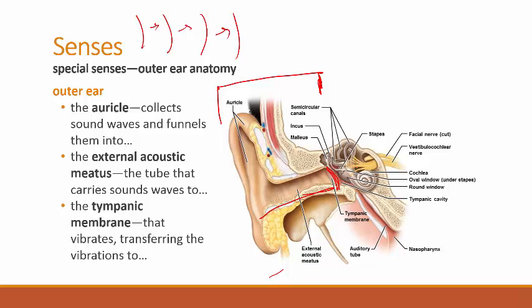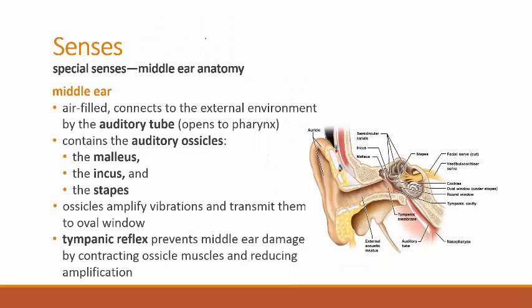These pressure waves of air cause vibrations at the tympanic membrane, which is also called the eardrum, and that transfers these vibrations from air vibrations to bone vibrations. So we transfer them to the auditory ossicles, which are found in the middle ear.